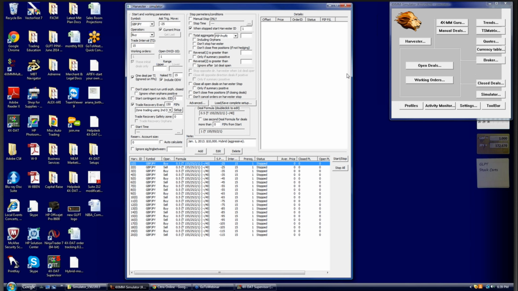So I'll explain a little bit about how we make strategies. This particular strategy is created around pound yen. We chose pound yen because it is normally a very volatile pair. We need volatility or movement in the market in order to make money. Normally it will move anywhere from 150, 180, sometimes 200 pips a day.